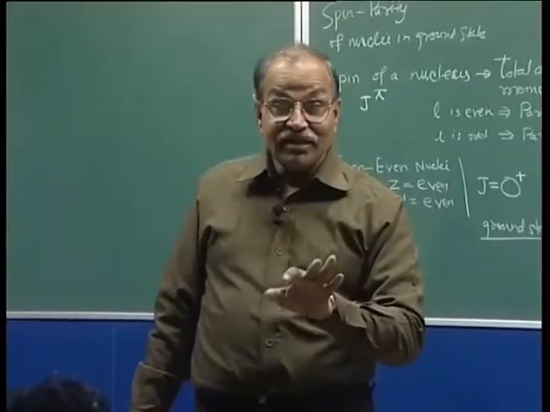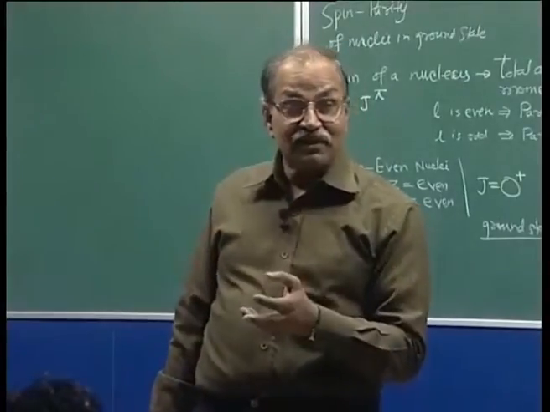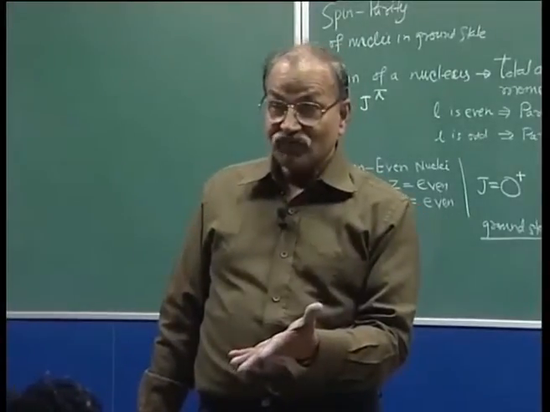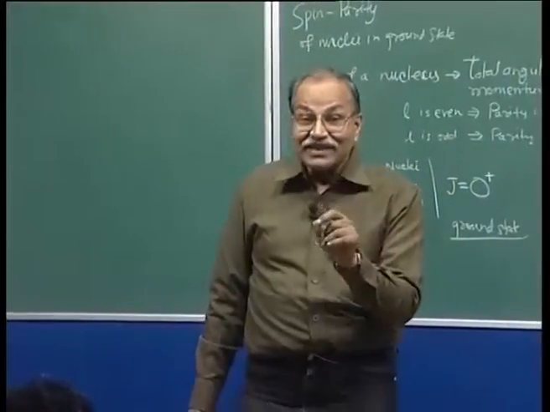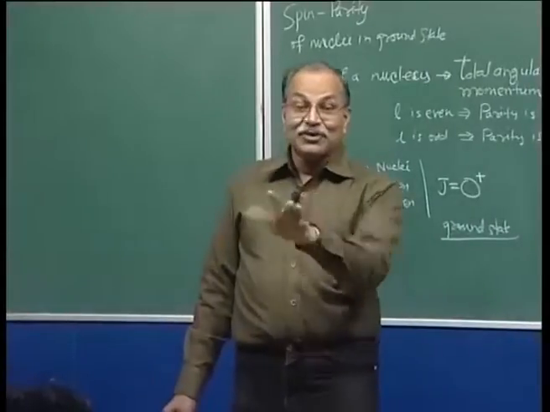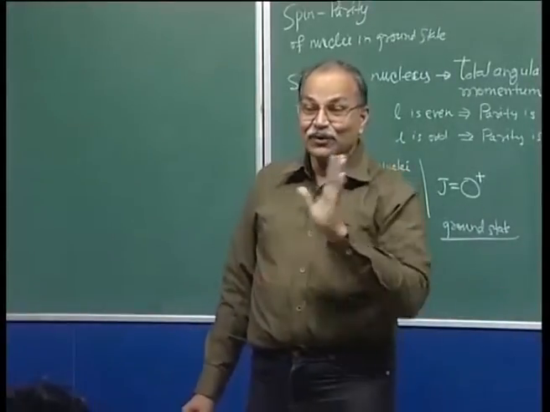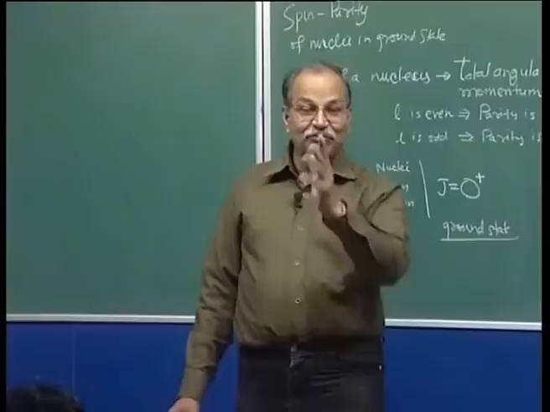So, that is the extreme single particle model. To some extent, even this simplified model works, and that we will see. Now, tell me some light odd A nucleus, and we will look at the spin parity of that. So, give me one, anyone.